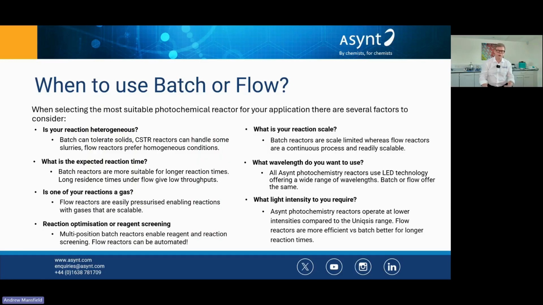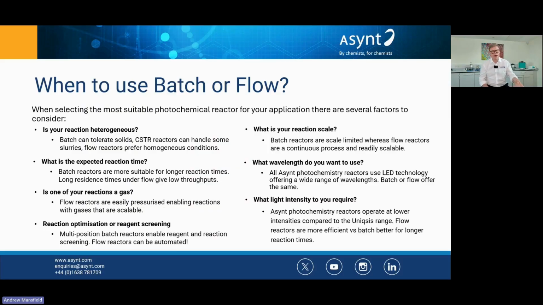So the other question to ask is reaction time. Now, some photochemistry reactions are very dilute and take a long time. Some of them are just slow. We could potentially increase that with higher light intensities and more efficient redox catalysts. But if we've got a long reaction time, then batch methods will be preferable.